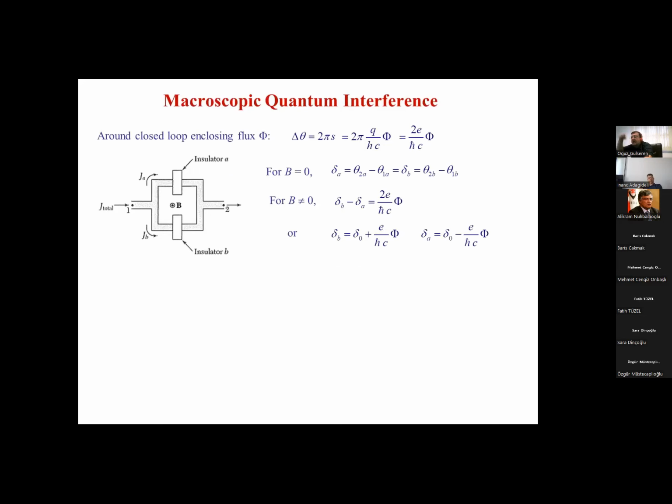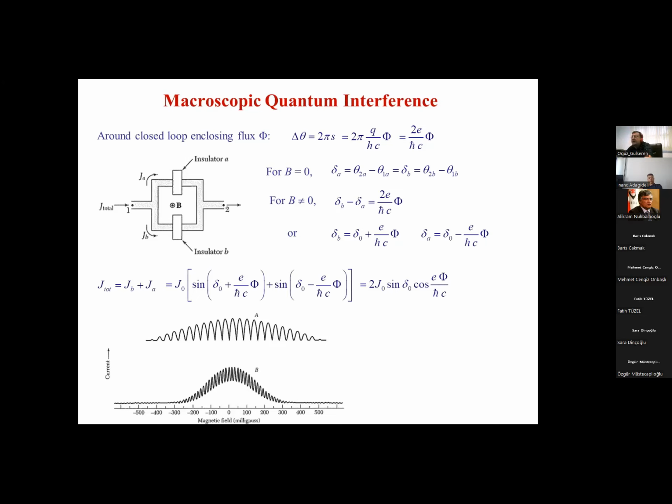And if you have a loop, as I already showed with the flux quantization, we can have this quantized flux and this phase. If you go from the upper and lower end, you can write that difference and the flux change on this slope of the discrete structure.